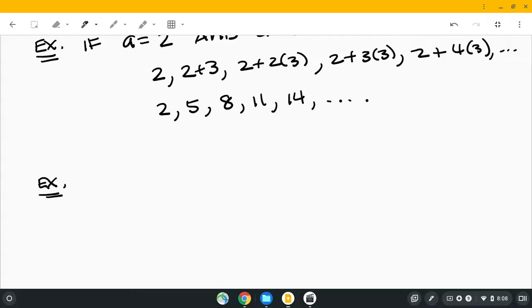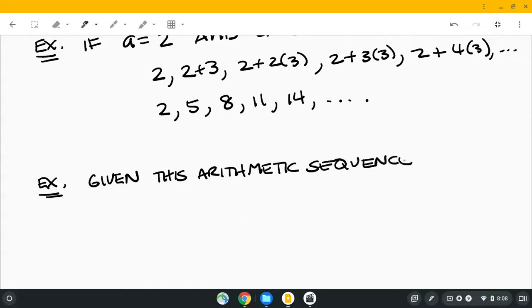Let's take a look at this next example. Given this arithmetic sequence, 9, 4, -1, -6, negative 11.